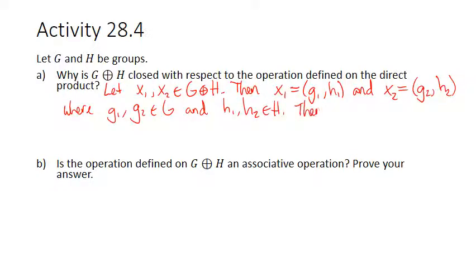Okay, then if I multiply X1 and X2, what happens? I'm just going to do this element-wise, so this is going to be (g1g2, h1h2).